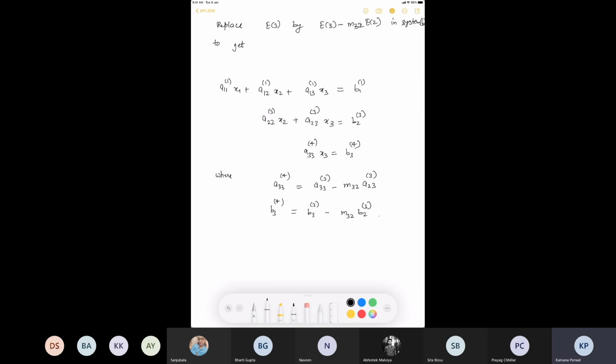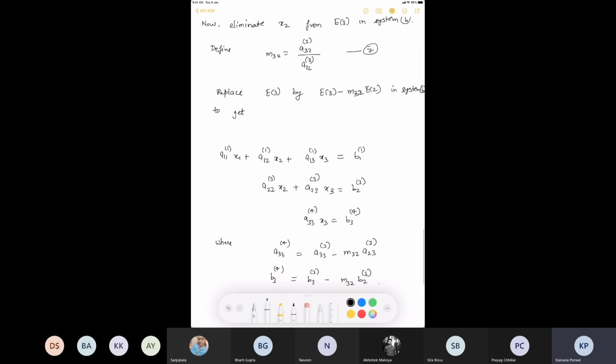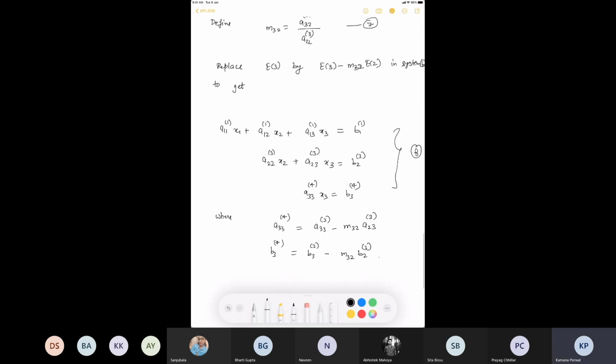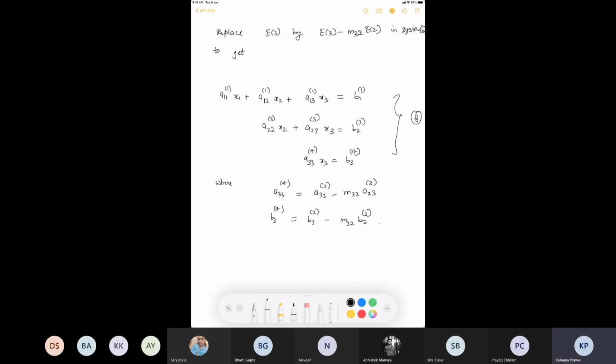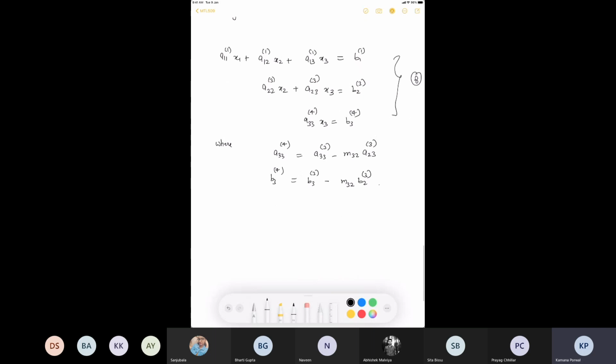You can observe that the final system which we have obtained, system 8, has an upper triangular coefficient matrix, so we can solve the system by back substitution.